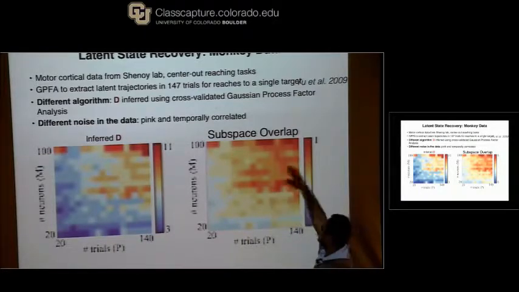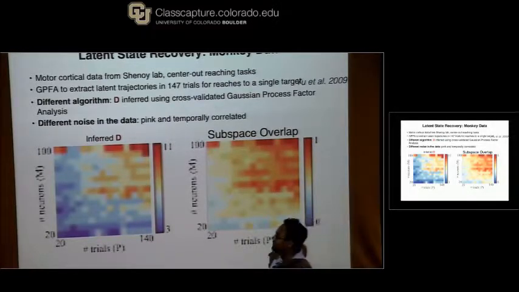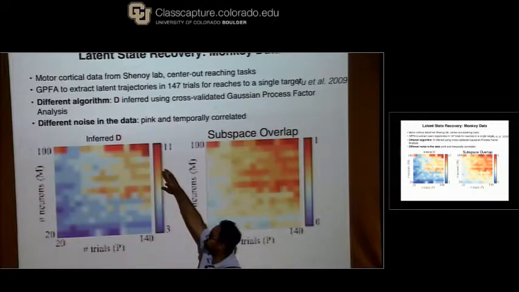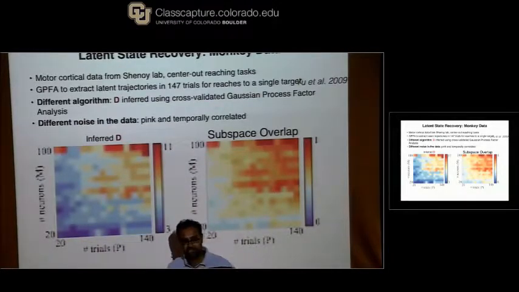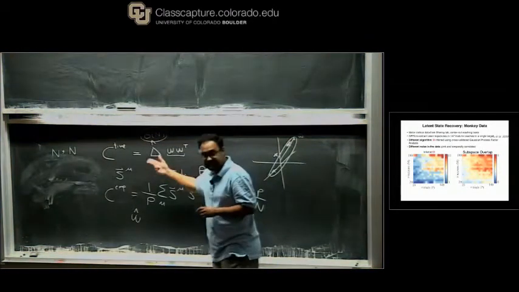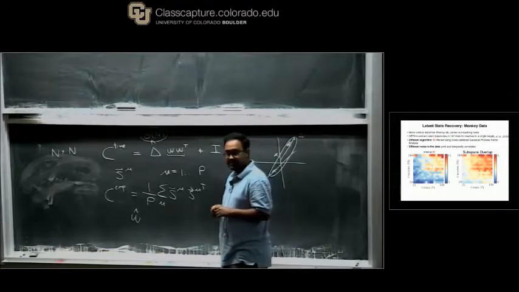So that overlap goes up as you increase the amount of data, as you'd expect. And the inferred dimensionality goes up as you increase the amount of data because of this sequence of BBP transitions, right? Each time alpha exceeds a threshold set by a particular delta associated with an eigenmode, you see that eigenmode. It pops out of the Marchenko-Pastur sea.